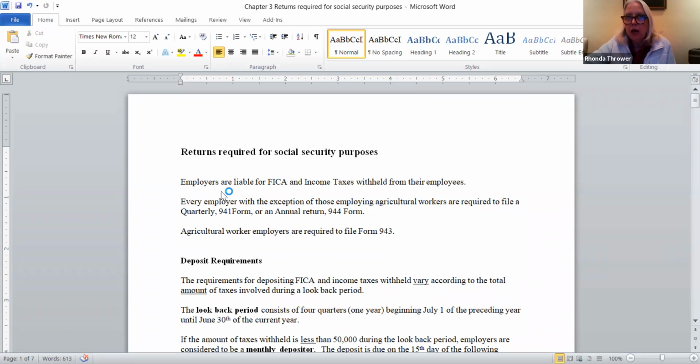As you know, in this chapter, Chapter 3, we're talking about employers withholding FICA taxes from their employees' paychecks, and that the employer is also responsible for paying a share of FICA on behalf of the employee. So I want to stress to you that the employers are liable for FICA taxes.